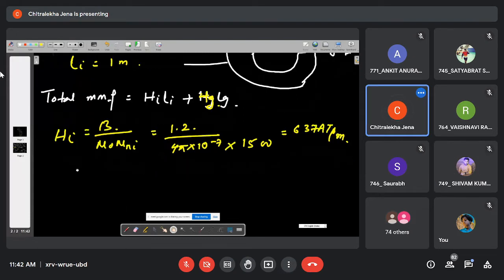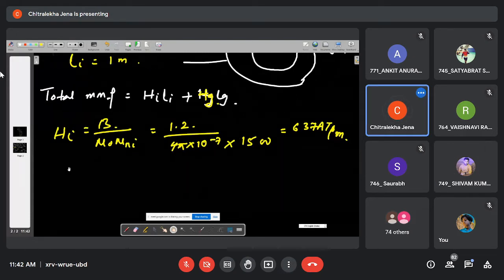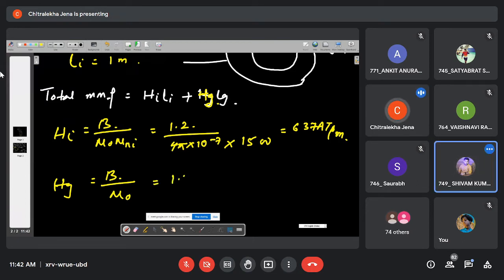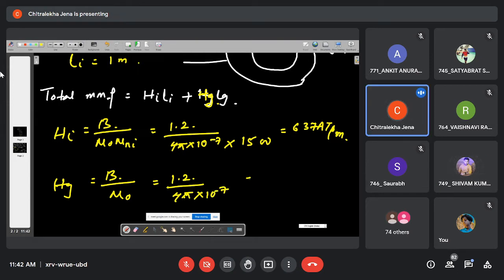Clear? Now what is the value of HG? HG is B, 1.2 divided by mu 0, that is 4 pi into 10 to the power minus 7. This will come as 955 multiplied with 10 to the power 3 ampere turns per meter. Understood?